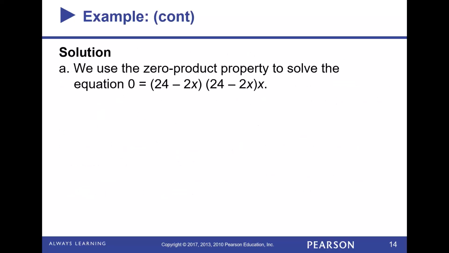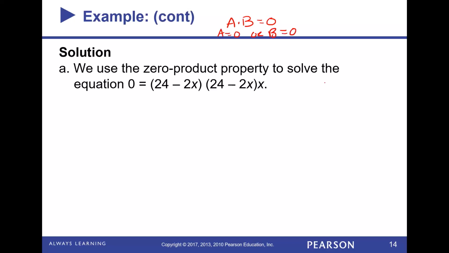So the first thing we have is that factored form that we created. Now we're going to use what we call the zero product property, which basically means that if you have two things that are multiplied and it equals 0, that means either A has to be 0 or B has to be 0 or both.